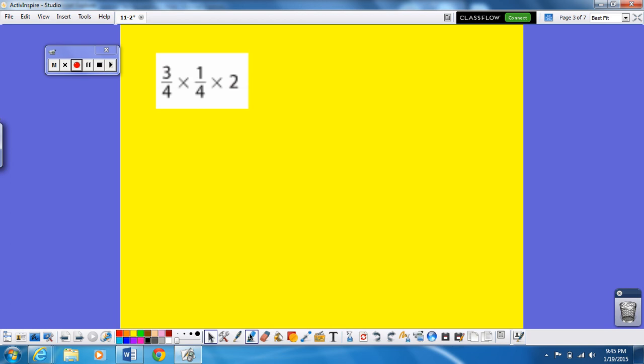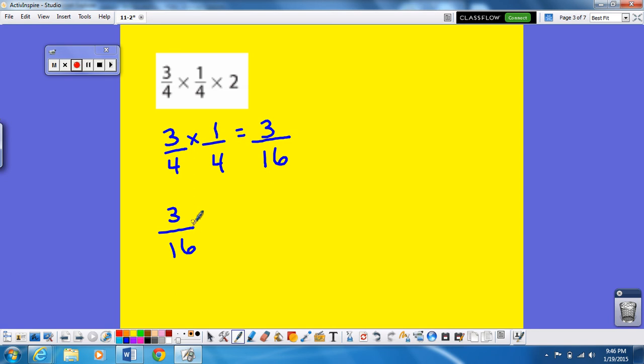Okay, I don't want you to get concerned when you see 3 numbers. Here we have 2 fractions multiplied by a whole number. We're just going to take it one step at a time. Let's do the 3/4 times 1/4 first. 3 times 1 is 3, 4 times 4 is 16. Now take your 3/16 and multiply it by a whole number.